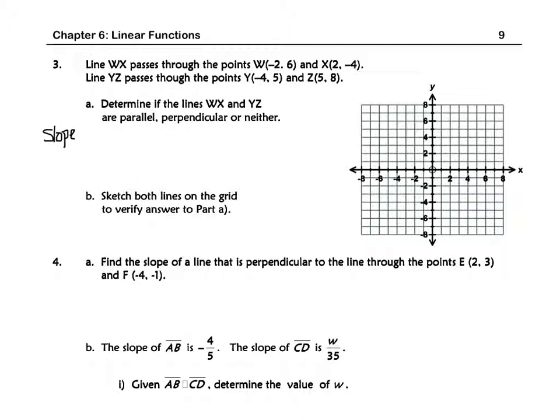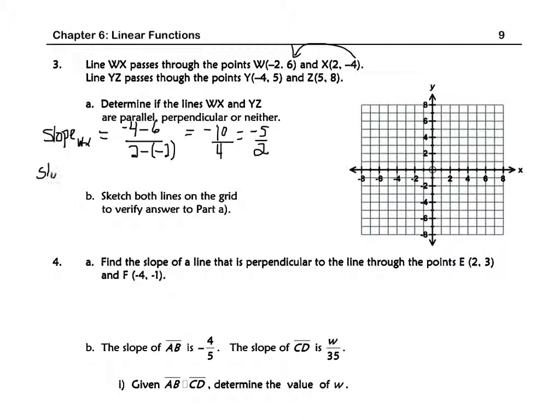So the slope of WX equals -4 minus 6, difference in the y coordinates, over 2 minus a -2, which is going to give you -10 over 4, which is going to give you -5 over 2 if you reduce it.